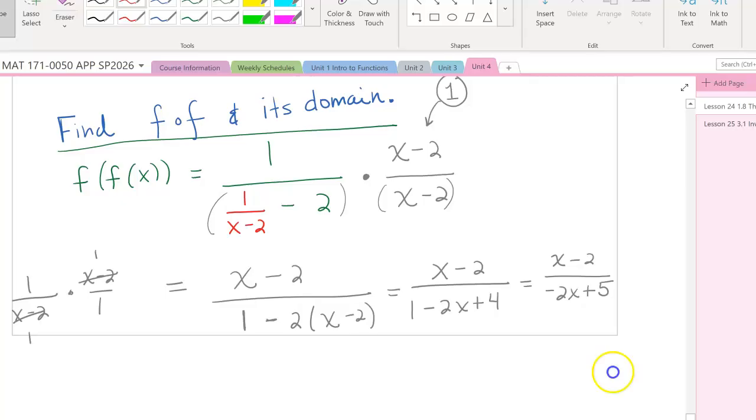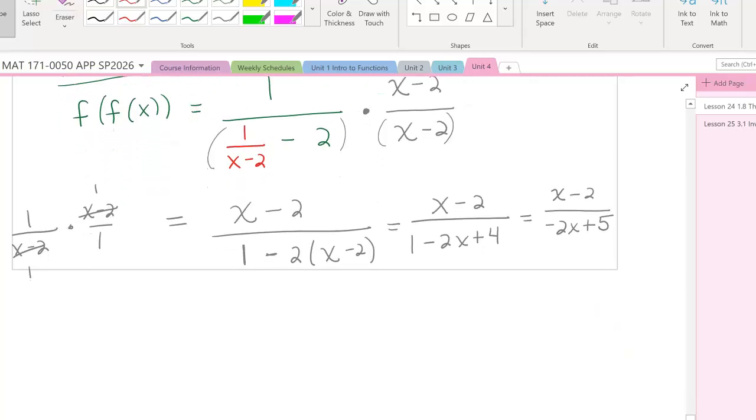All right, so now let's talk about domain. So remember, we need to look at the domain of the original function, which was 1 over x minus 2, and we do have a fraction. So remember, to find the domain of a fraction, you say the denominator can't be 0, so x can't be 2 if I add 2 to both sides.